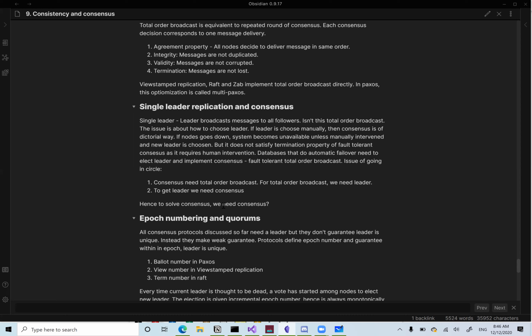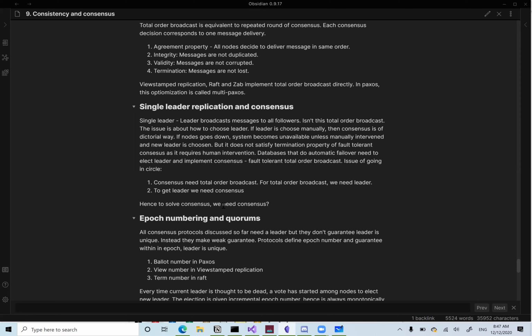To explain more, consensus means that everyone should agree on one particular value, right? And a system could also be a consensus system without the majority. Like if it is kind of a dictator, where we have manually decided that this node is a leader, and now this leader will take all the decisions.